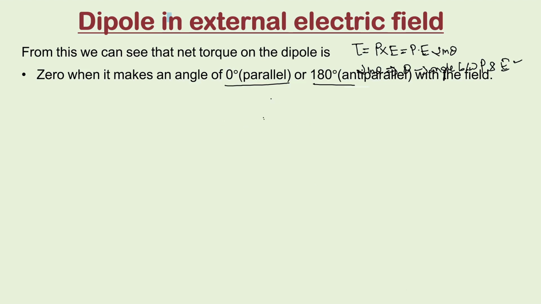When P and E are both parallel, the angle between them is 0, so tau will be 0. When P is in this direction and E is in this direction, in this case also the torque will be 0, because sin 0 is 0 and sin 180 degrees is 0.